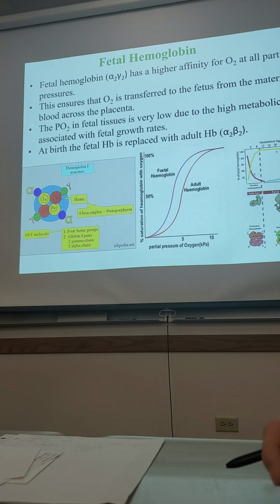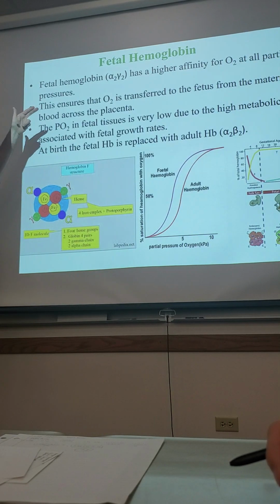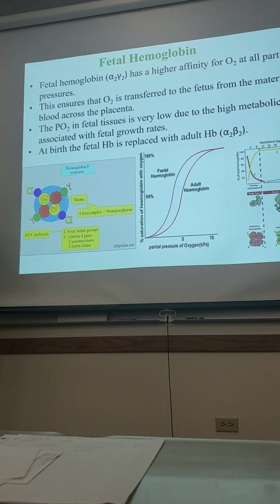And so before the infant's born, it actually has what's called gamma hemoglobin, so it's 2 alphas and 2 gamma subunits. These gamma subunits are expressed and they're actually missing some of the amino acid residues that are part of that binding pocket for BPG. So it binds BPG less effectively. So that means it can bind oxygen more effectively.